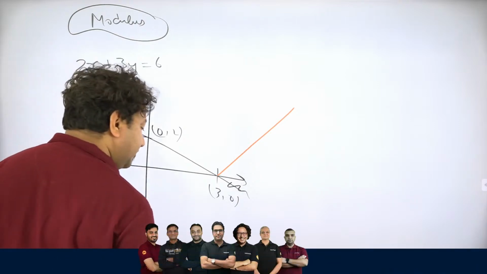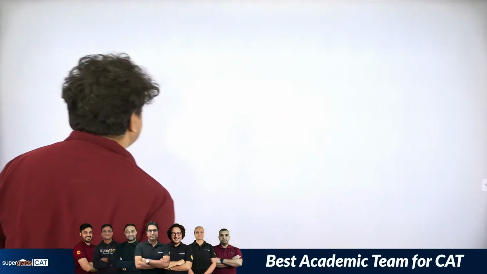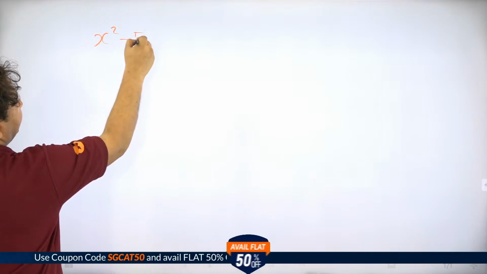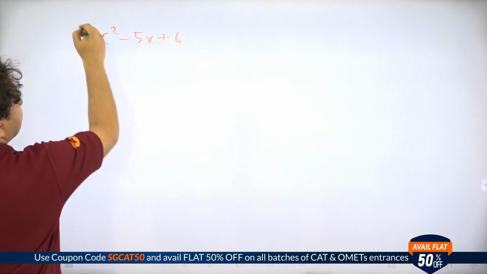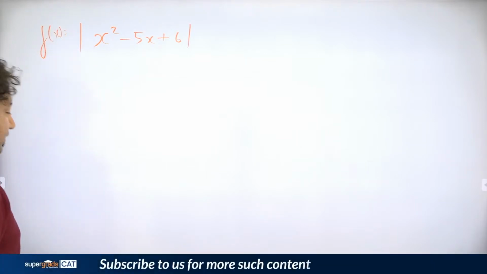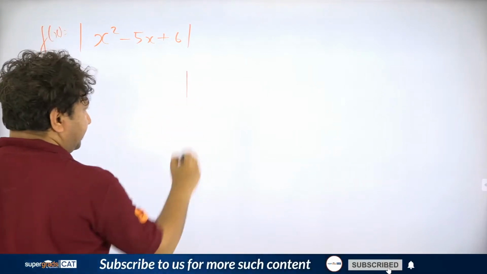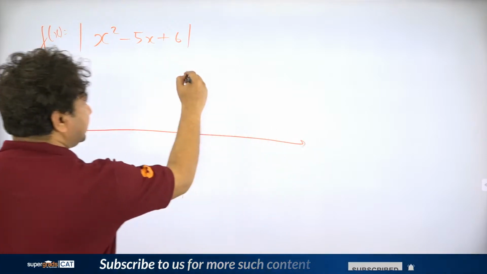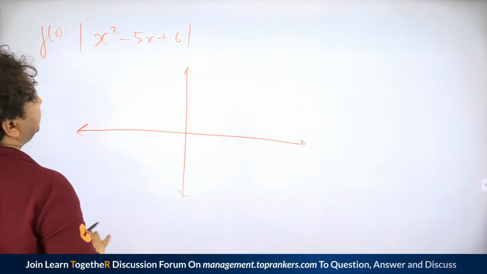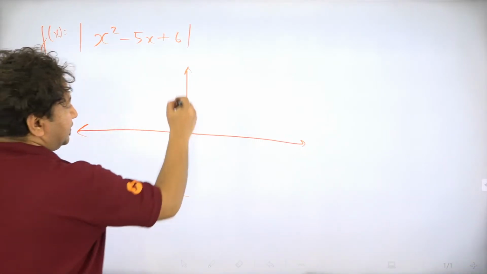I'll give you three more examples. Let's take a quadratic expression. Let's say the expression is x squared minus 5x plus 6, and there is a mod. How to draw the graph of it? First of all, we'll draw the normal graph without modulus. As we can see here, 2 and 3 happen to be the roots.